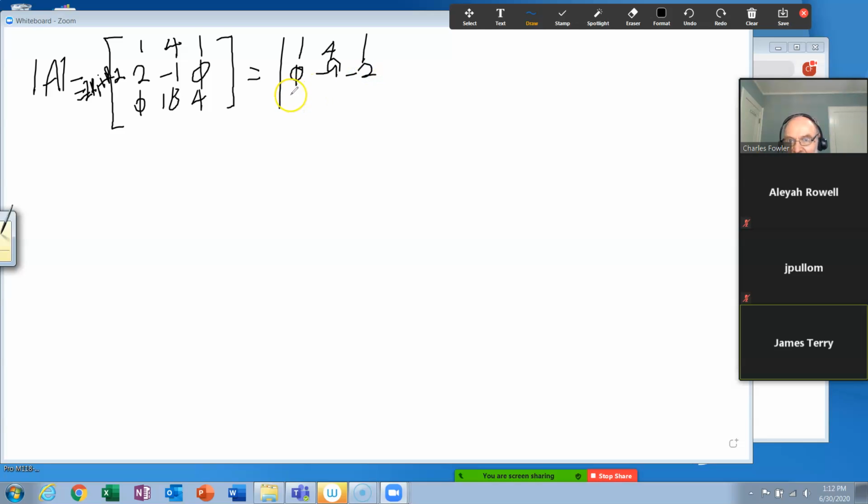And then right down the third row, you get a 0, 18, 4. And what do you notice there? That's a multiple, so you can right off the bat say that's going to be 0. Okay, that was easier than the way I did it.